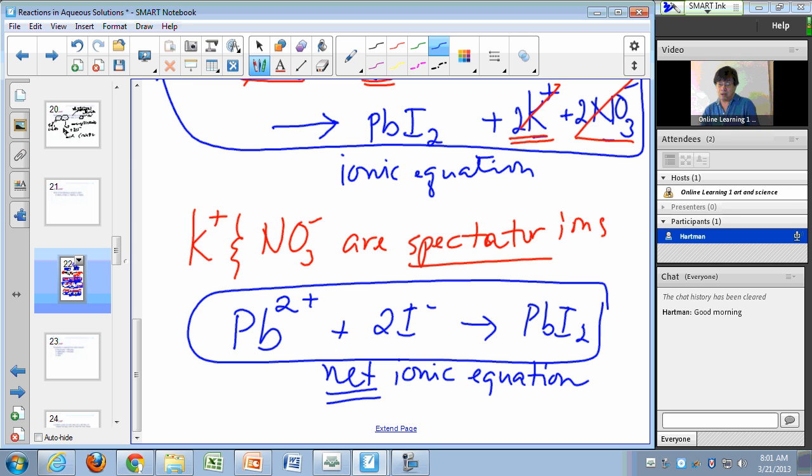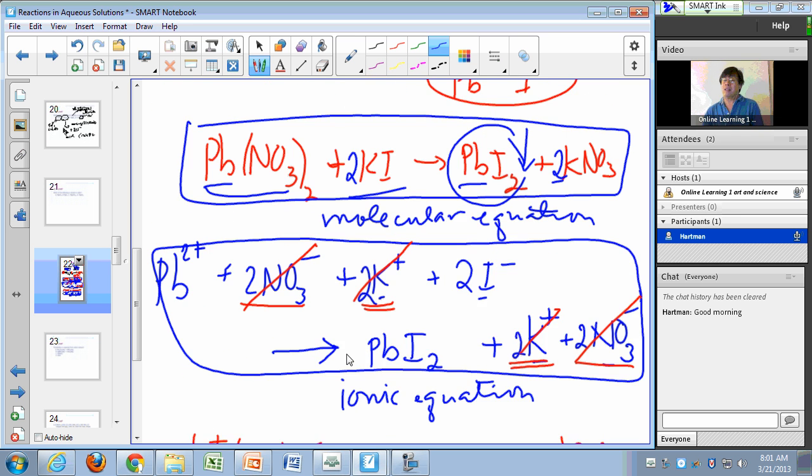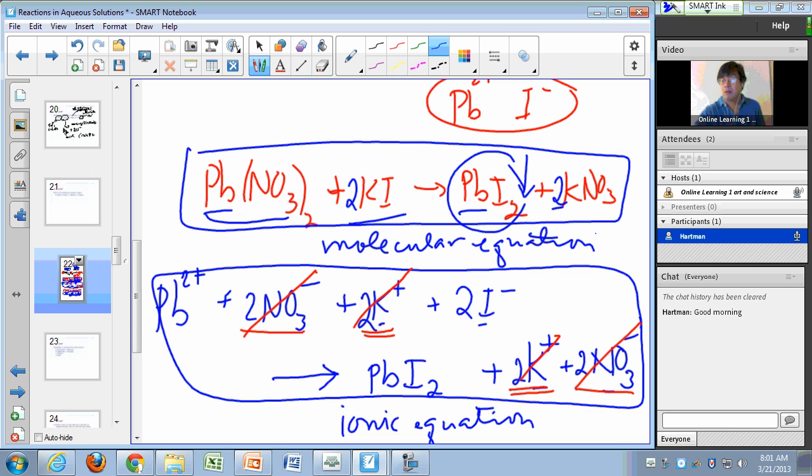So what we call the molecular equation is the complete equation that has all the formulas of the compounds, substances involved in the reaction. Even though they're separated as ions in water, you write them as if they were made up of molecules. That's why it's called a molecular equation. A better term for that would actually be the complete formula equation. But it's been traditionally referred to as a molecular equation.